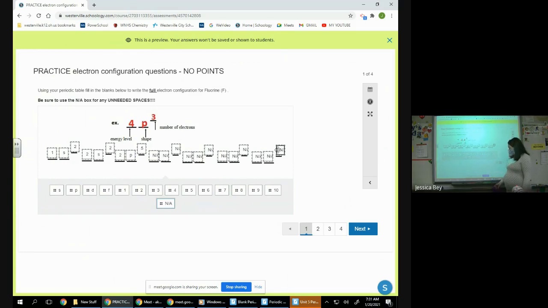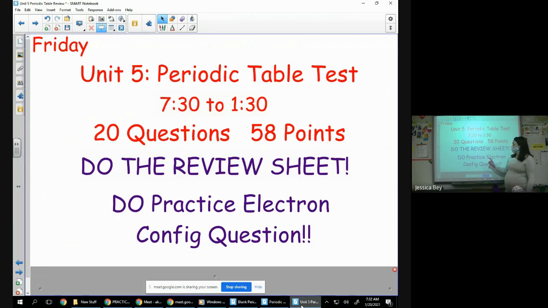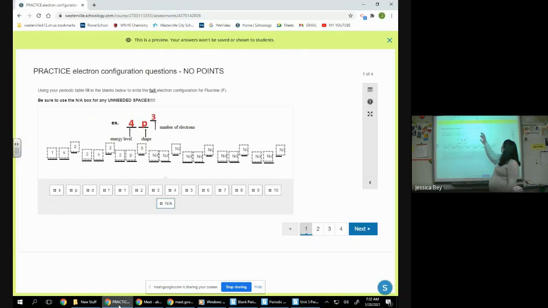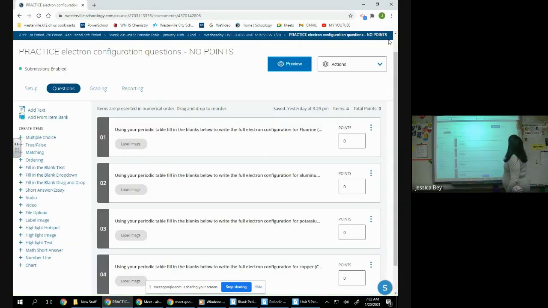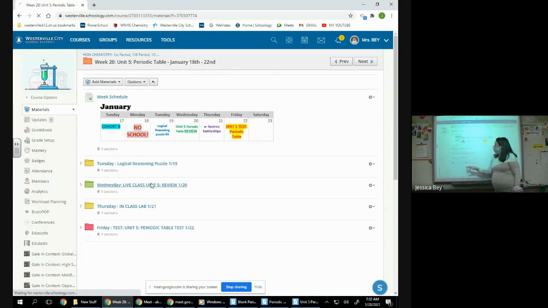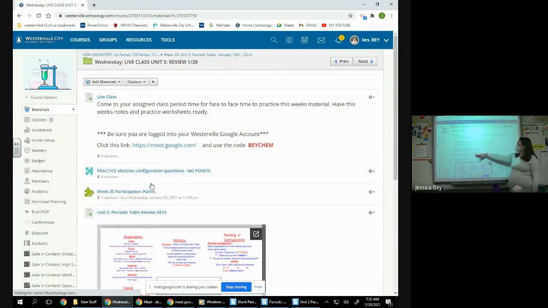Perfect. The only other thing, I want to make sure everybody's understanding. So you want to do that review. Participation points are in there as well. Where are you at? Participation points are in here on Wednesday. And then the 2 items that you have in your packet are also in there.